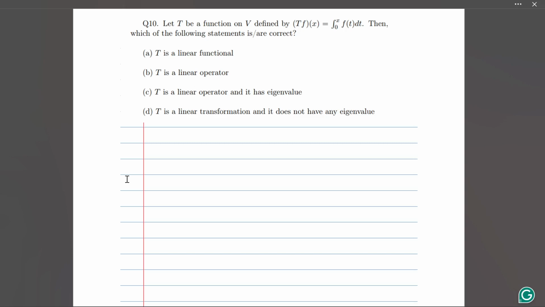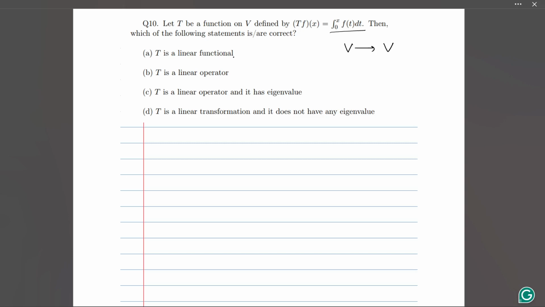T is a function from V to V, defined like this. It gets a continuous function f from R to R. This is also a continuous function.